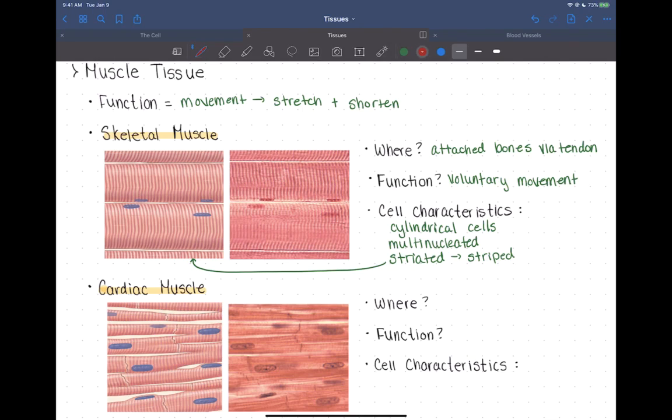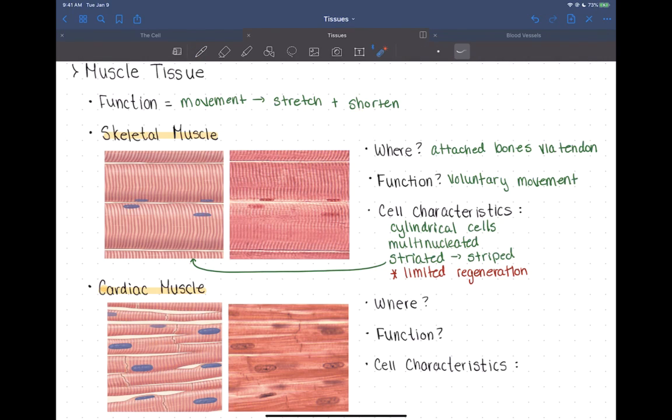And so with skeletal muscle, regeneration is limited. So there's some, but it is very limited. And so the reason for that is because these cells are so big and so long, and they have multiple nuclei.